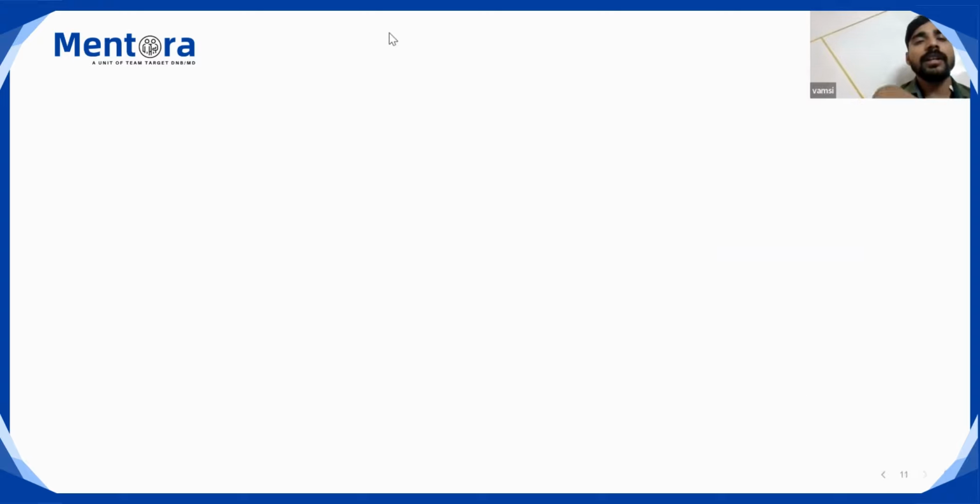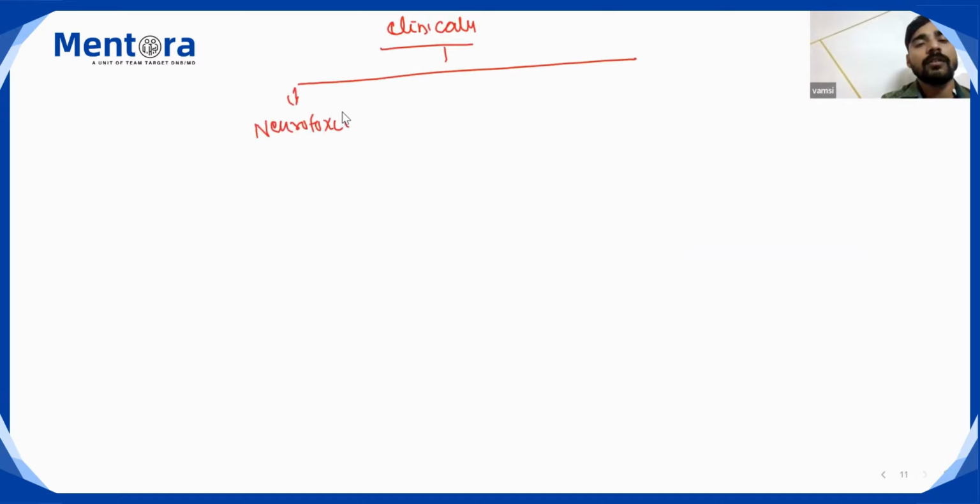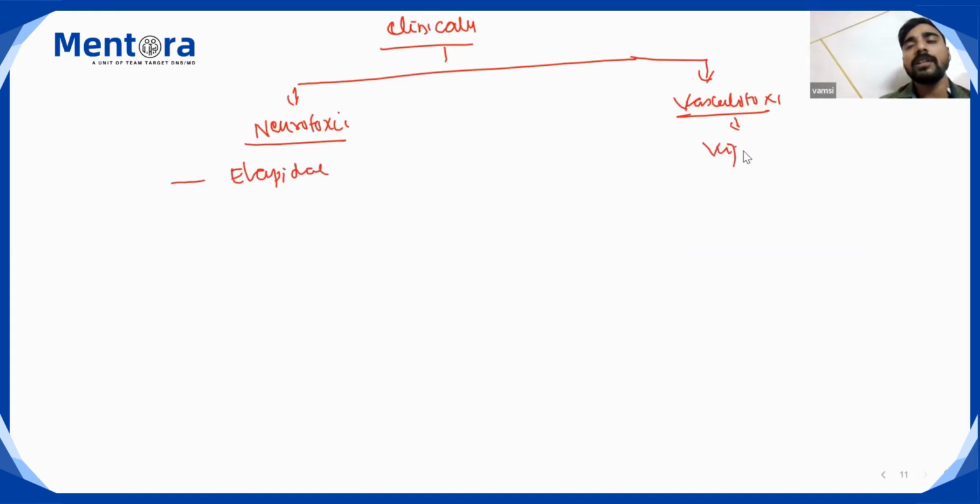So broadly, clinically, what we can see is whether it is a neurotoxic snake or a vasculotoxic snake. The neurotoxic ones are mainly Elapidae, that is cobra and krait, and the vasculotoxic ones are mainly Viperidae, that is Russell's viper or saw-scaled viper.